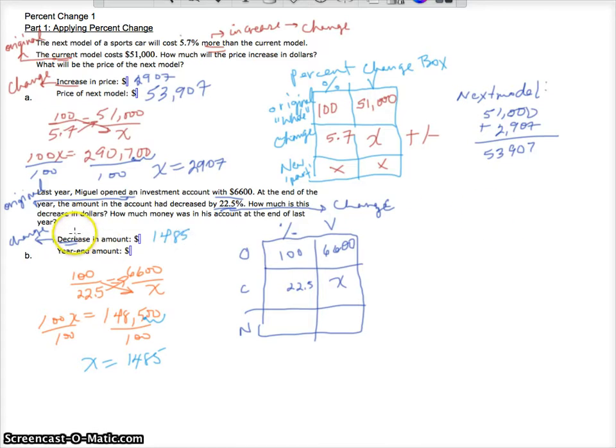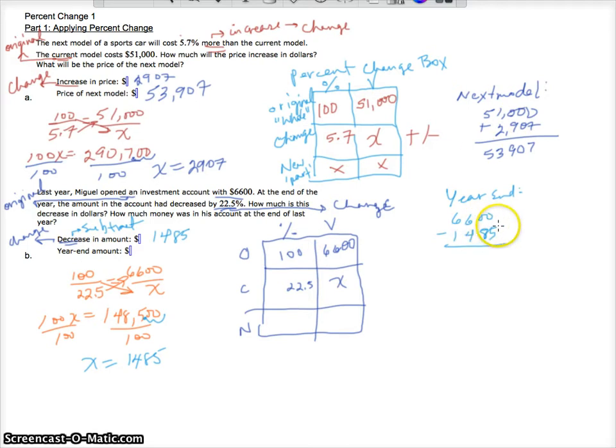Since it's a decrease, I want to subtract.